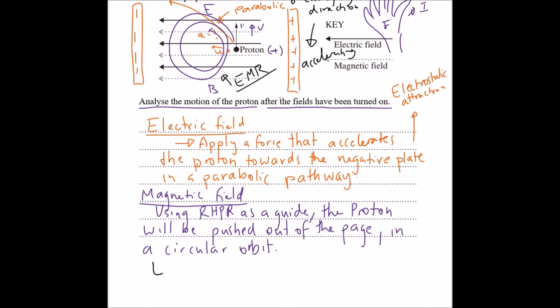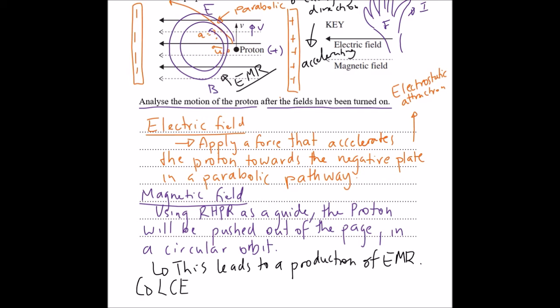Okay, circular orbit. So this leads to a production of electromagnetic radiation. According to the law of conservation of energy, that would mean that in order to produce this amount of electromagnetic radiation, the kinetic energy of this proton is going to decrease. And we know that the formula for kinetic energy is half mv squared.